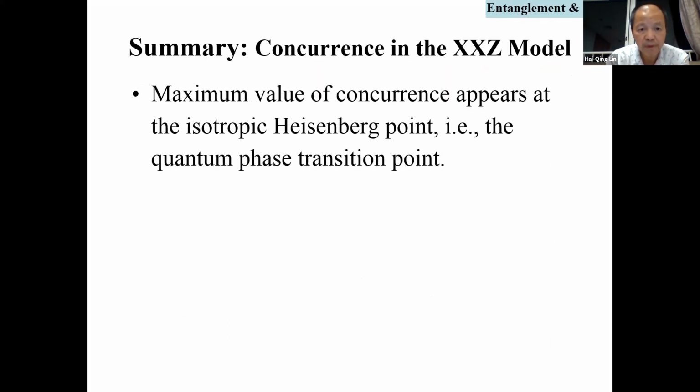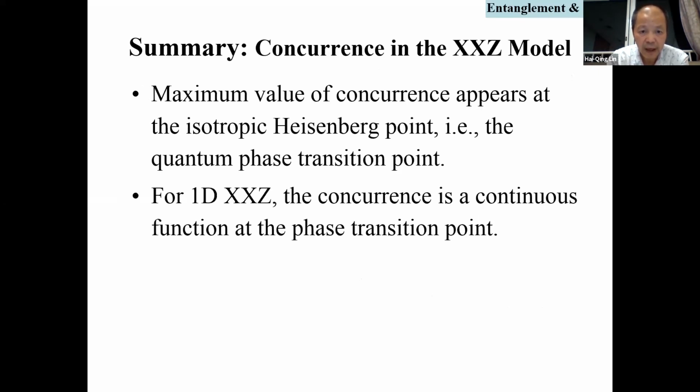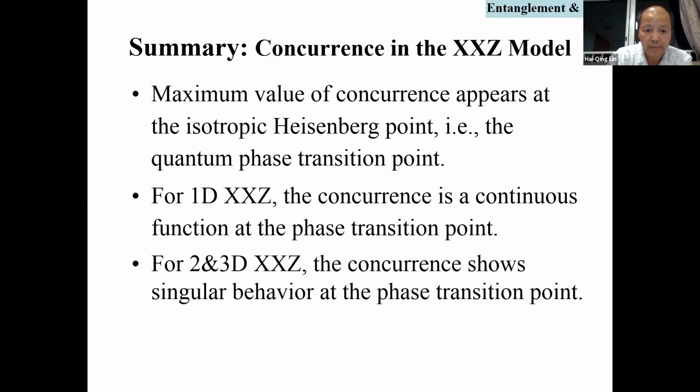So a brief summary: we found that in the XXZ model, the concurrence, which is a measure of the entanglement, reaches a maximum. For one dimension it is a continuous function, but for 2D and 3D it has singular behavior. Later, we show that this singular behavior is related to the existence of long-range order in 2D and 3D.